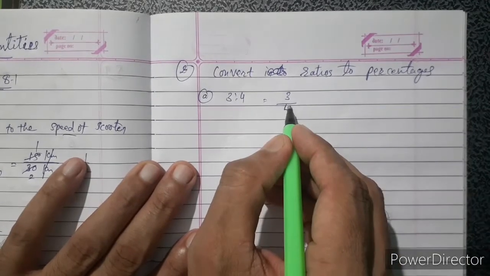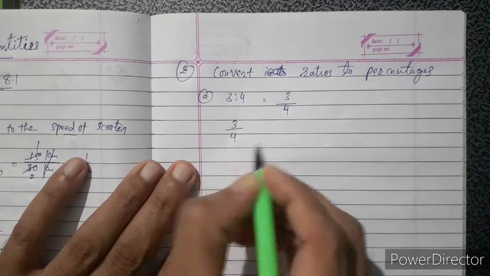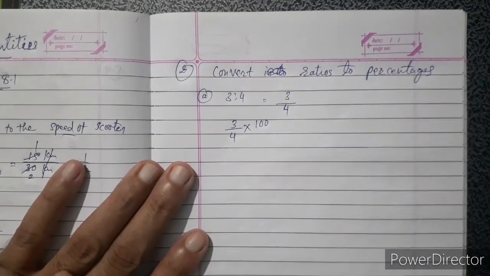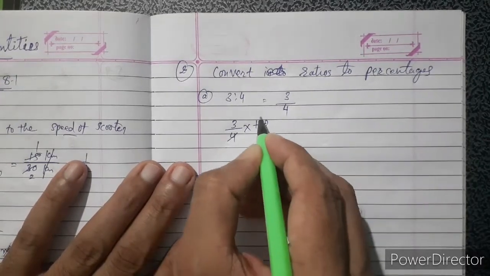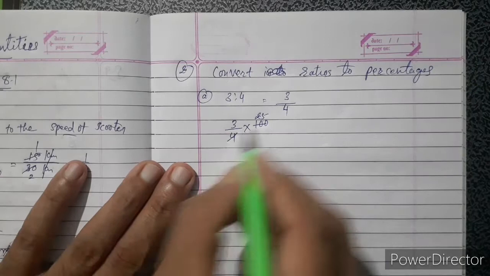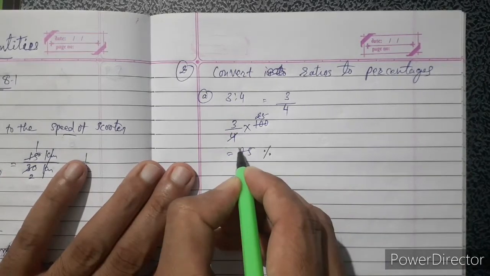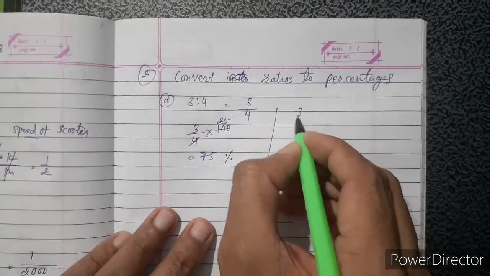That is the ratio, and if you want to convert to percentage, what to do? Yesterday I told you, you just multiply by 100 to convert into percentage. So 3/4 into 100, that is 25, and 25 threes are 75 percent.